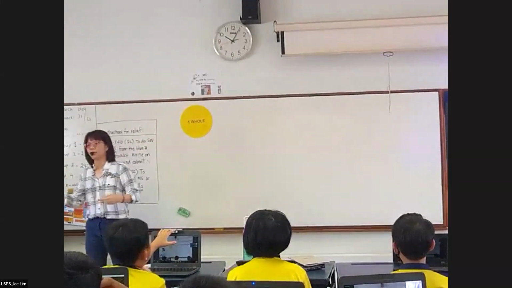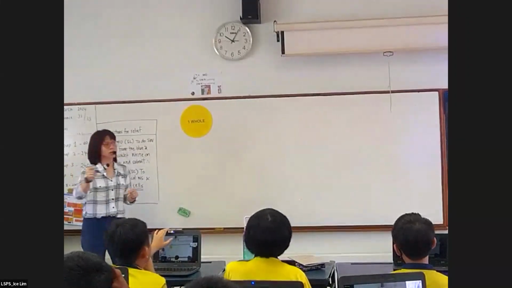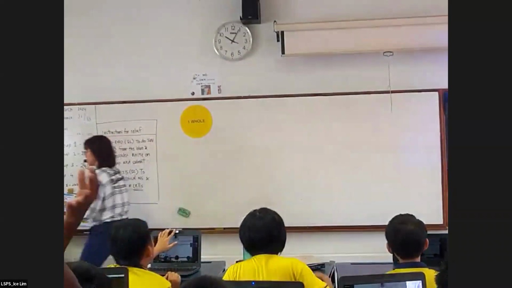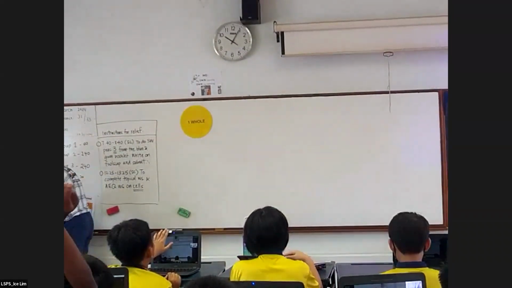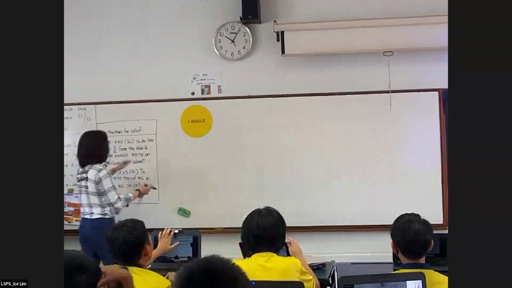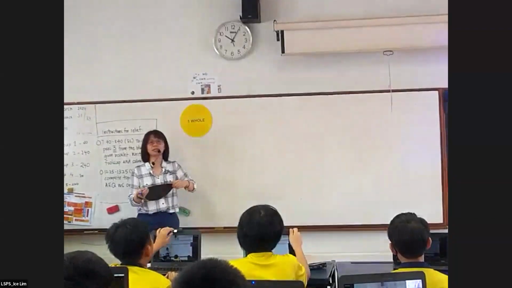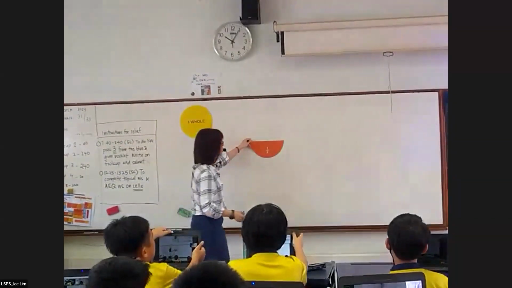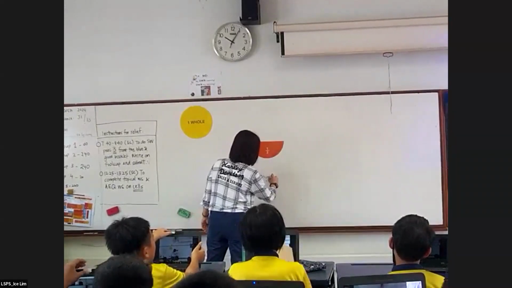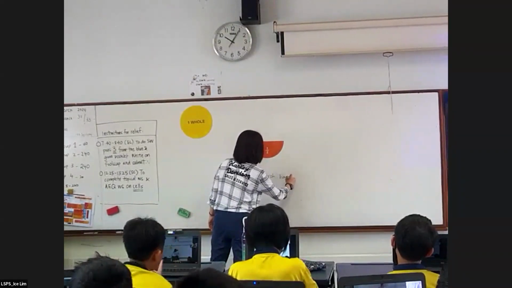So yesterday, the first question, the first story was Amara having half of it. Right? I said the whole here is for reference. Then I said Amara has half the cake.